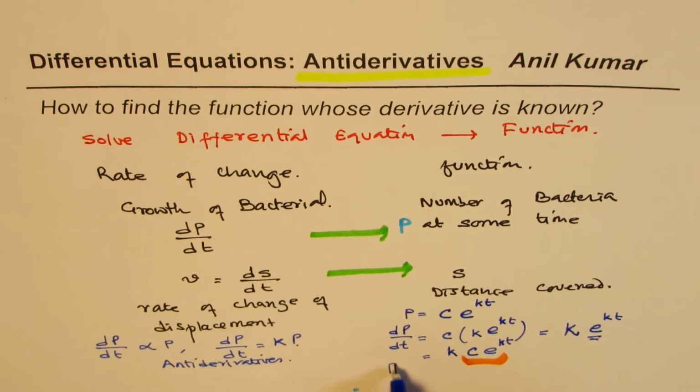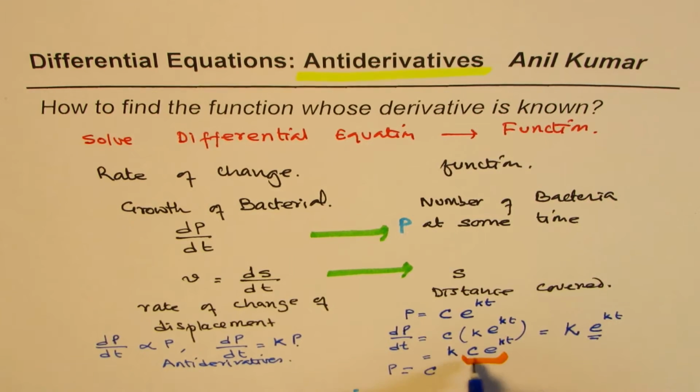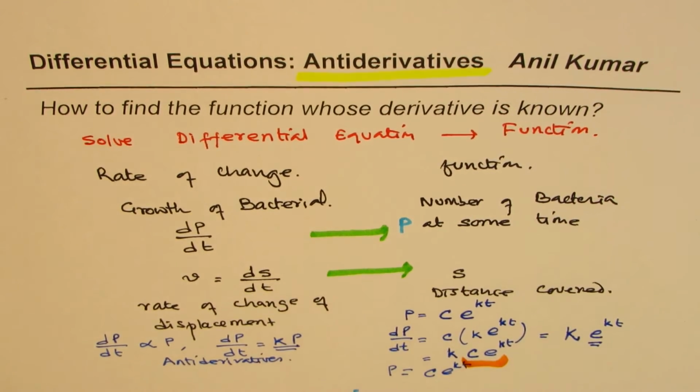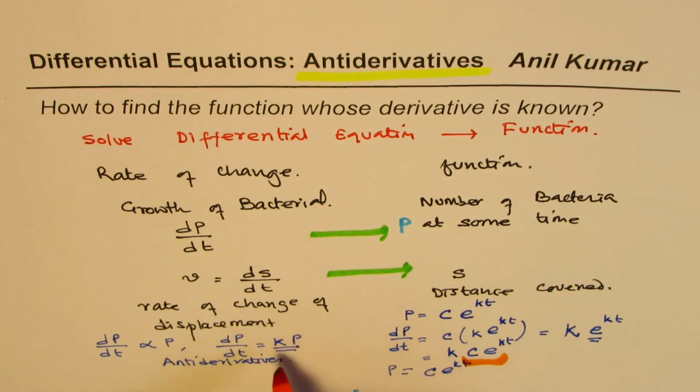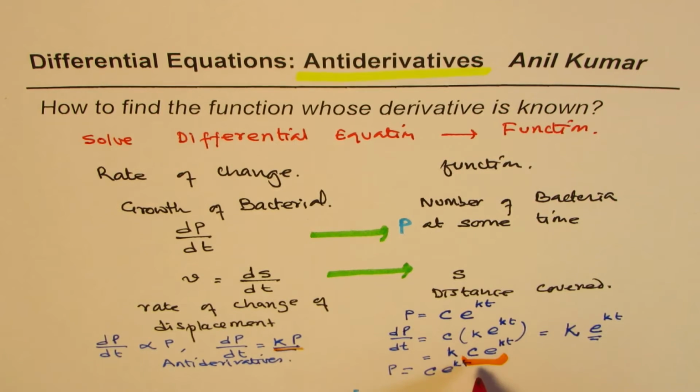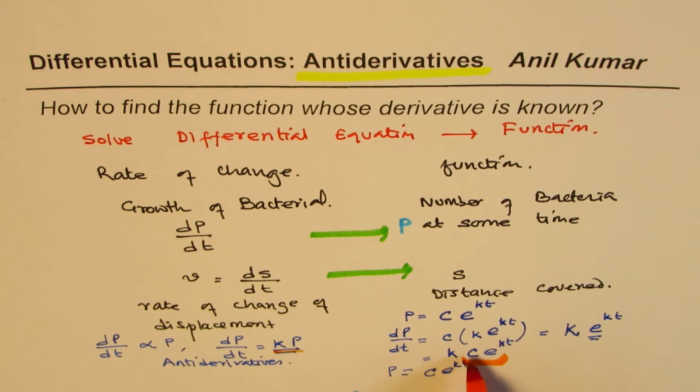And so from here we can say, well, the population should be c times e to the power of kt if you compare this with this equation. Is that okay? So we have a constant and p, and in this case, if I rearrange it, it becomes c, where c is the initial value of the population of the bacteria, right?